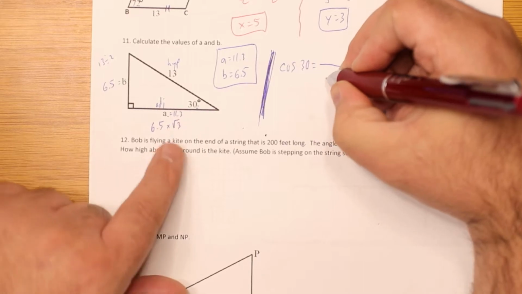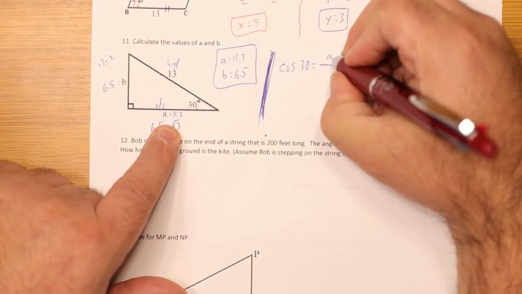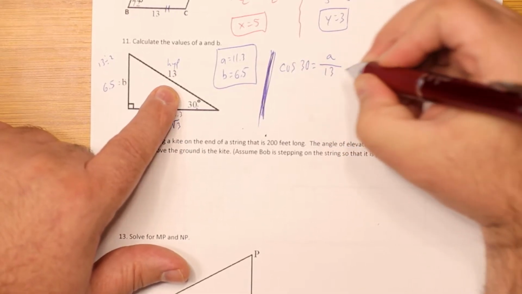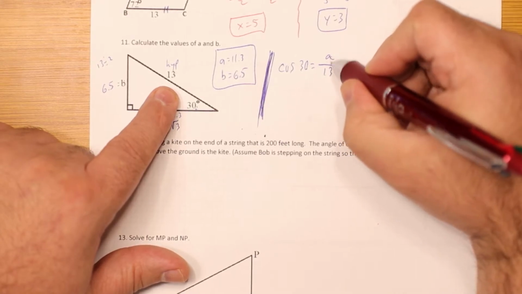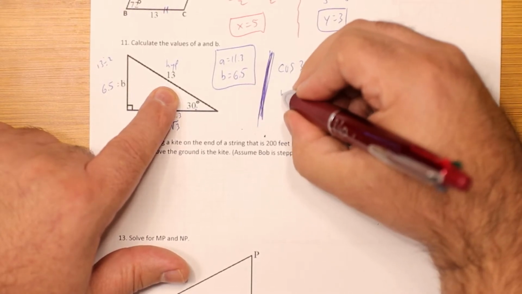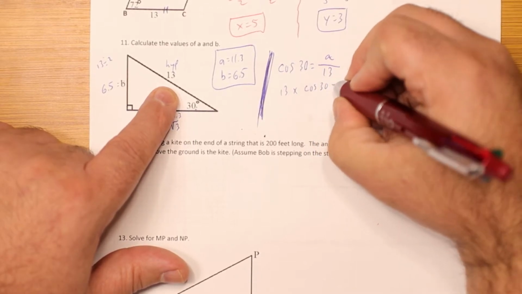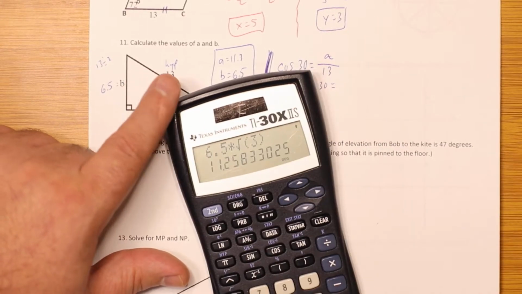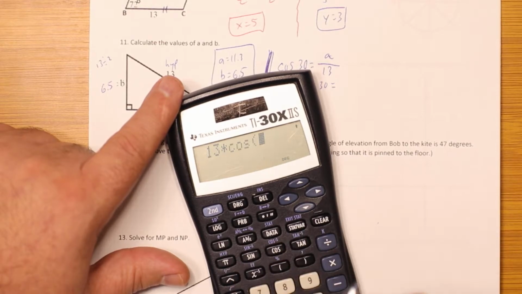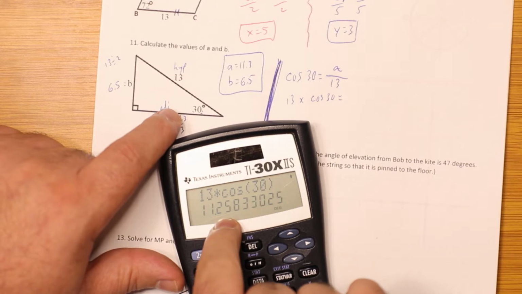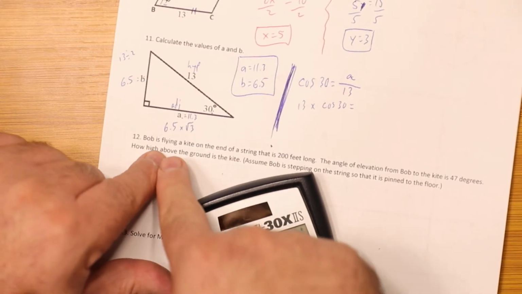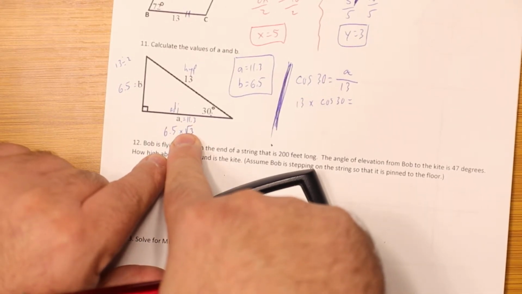And on the fraction, the adjacent goes first and the hypotenuse goes second. And because the A is on the top, you're going to be multiplying 13 times the cosine of 30. If you do that, you get that 11.3 that I got doing it this way.